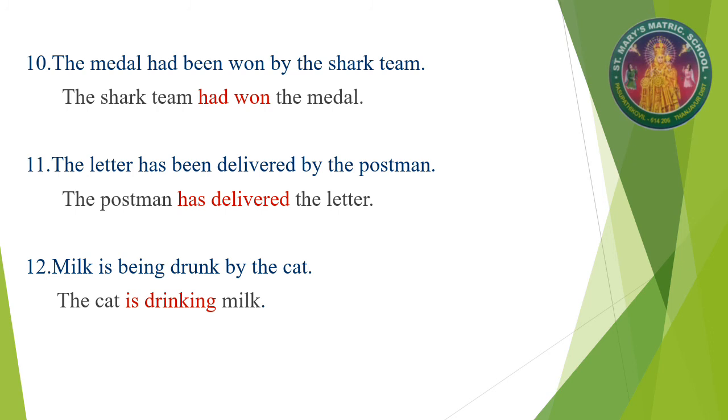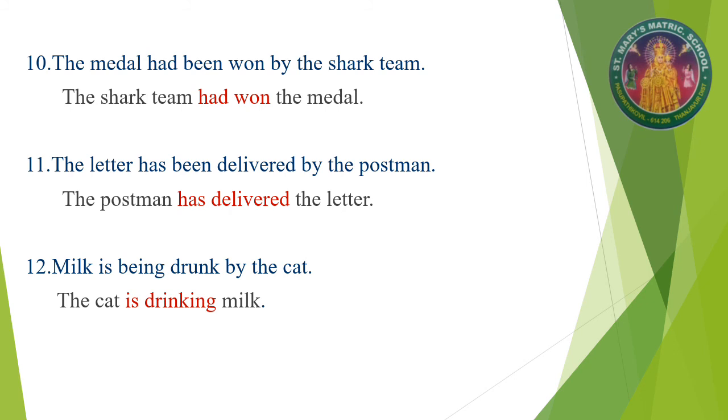It is a present perfect tense. So in active voice you should not write been. So write has as it is. Then you have to remove the been and write the past participle verb itself, delivered. Present perfect, past perfect, you have to write the past participle verb form here. Okay, now write the subject as object, the letter as it is.